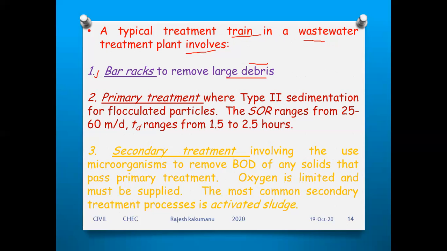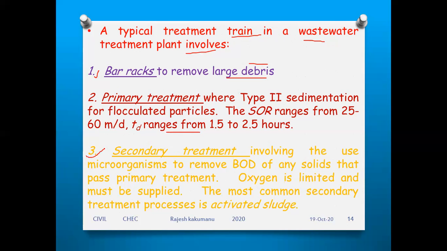This debris will be removed by the bar rack mechanism that we already saw in the third unit. Next, primary treatment, where type 2 sedimentation for flocculated particles. The SOR ranges from 25 to 60, and the detention time ranges from 1.5 to 2.5 hours. This we already discussed in unit 3.